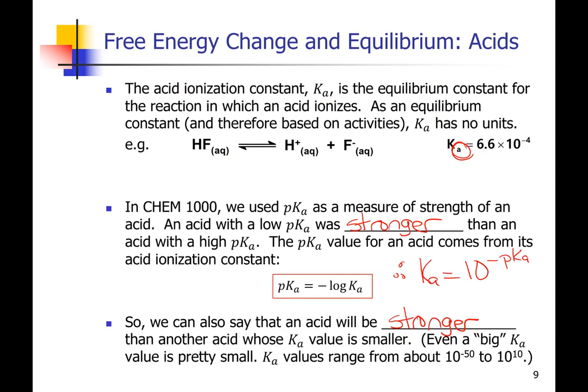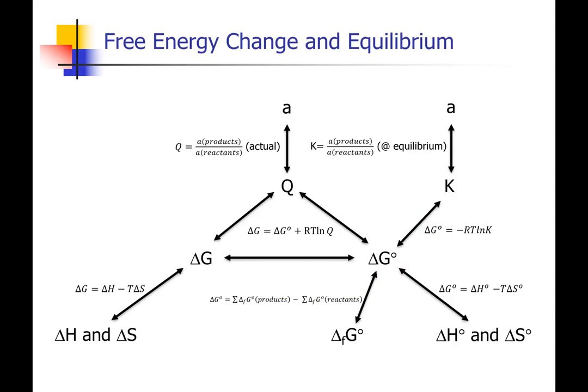So if we go back to our equation map, we've been given the equilibrium constant, and we're trying to get to a standard free energy of formation value. So to get there, we're going to have to go by way of the standard free energy change for the reaction, and it's going to be a two-step process.